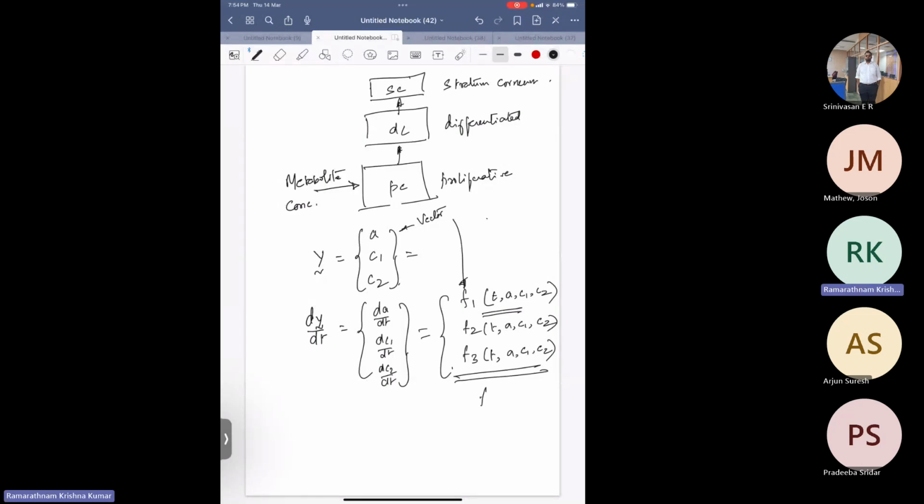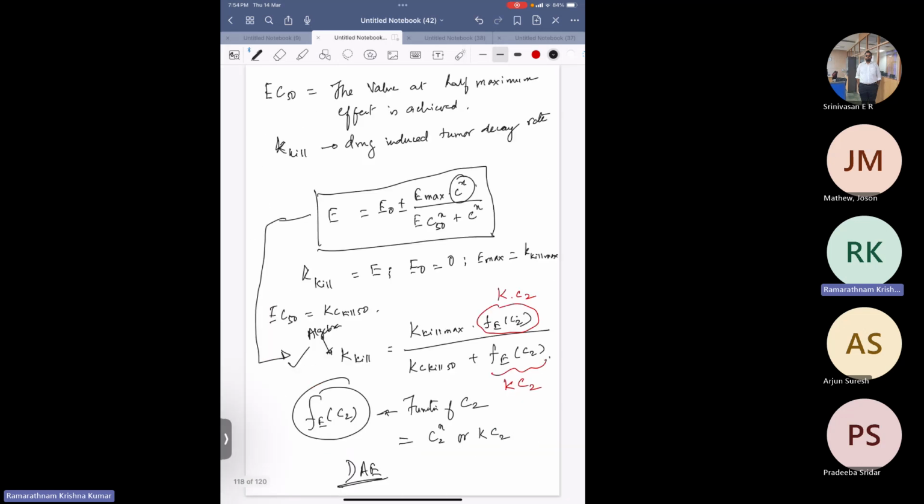So let me call this vector by the same way I did here, with the squiggle at the bottom: F of t, comma, y. Right? All mathematicians are lazy. They don't want to write the full equation.